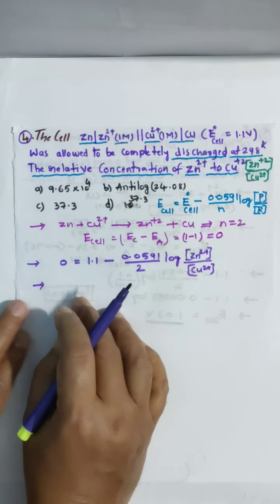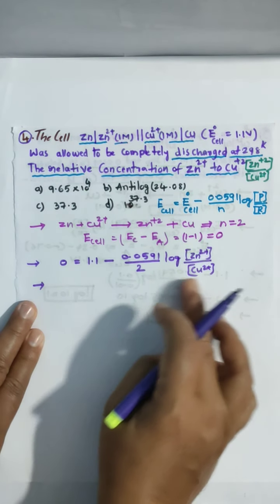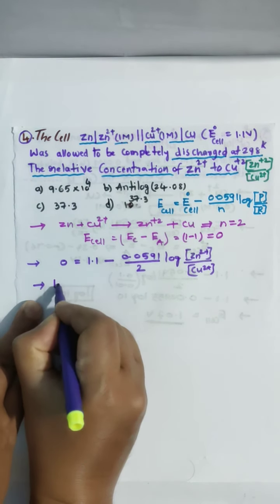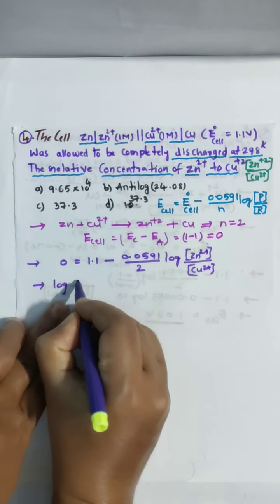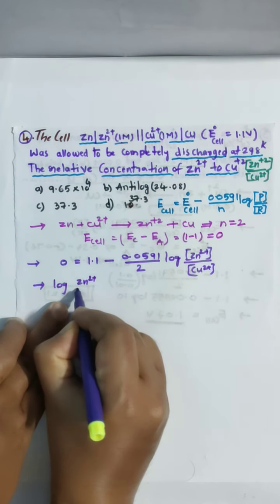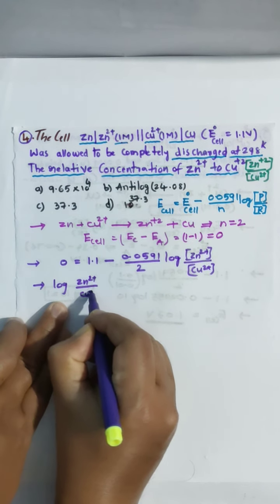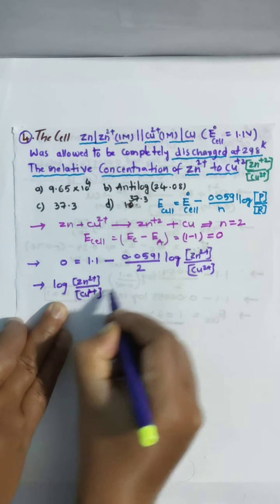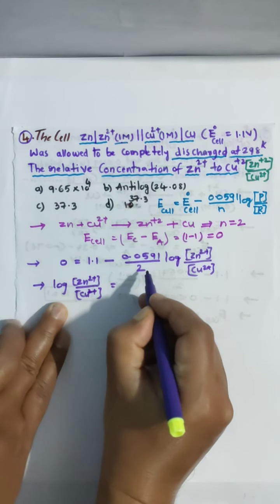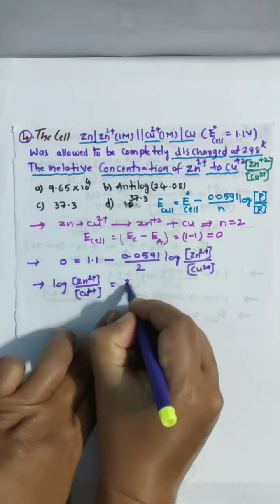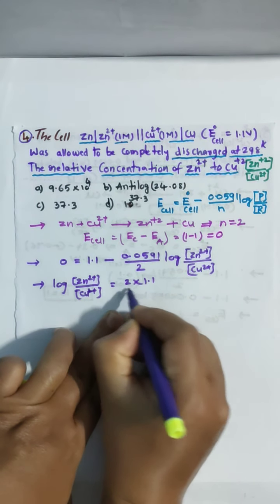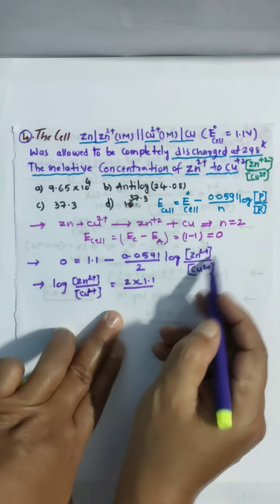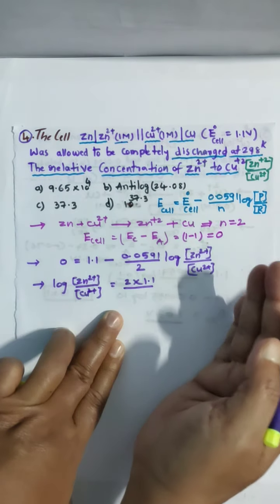Now, these terms I am sending to the left side. Am I right? Log of zinc concentration upon copper concentration, clear, equals, cross multiplying, 2 into 1.1. If you are sending this total term to the left side, it goes to the right side.